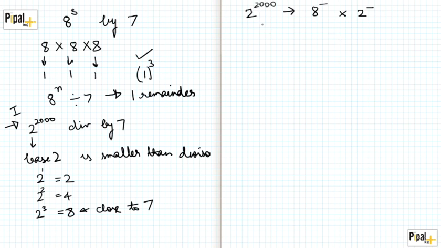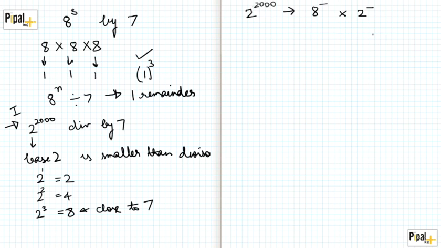I notice that 2 to the power 3 is 8, and I need to convert most of this into 8 to the power something. Clearly I need to bring 3 in, but 2000 is not a multiple of 3.